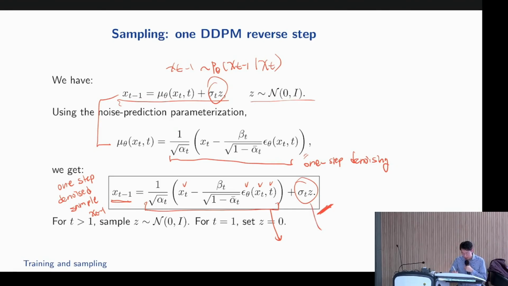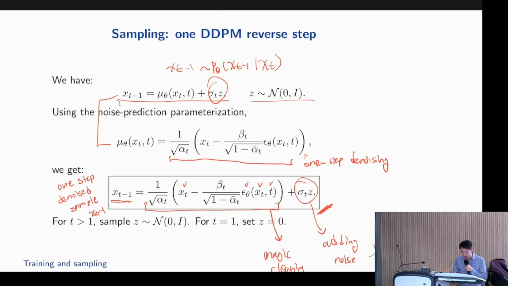Here, we're just adding noise. Magic cleaning, adding noise. But if you think about it, at the very last iteration, you don't want anything blurry, right?